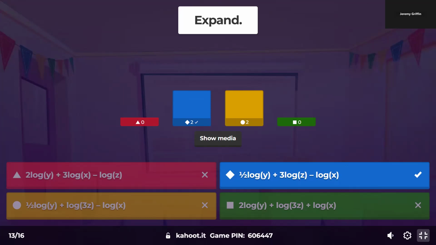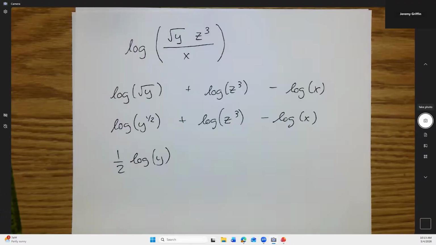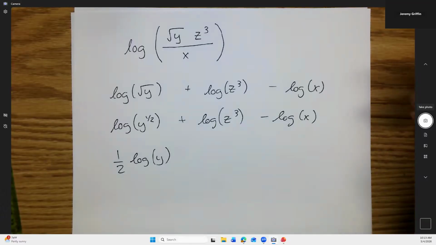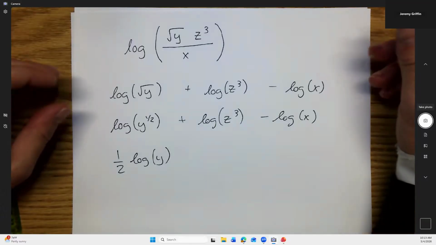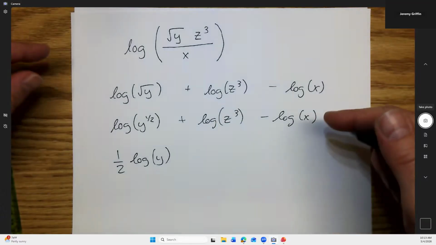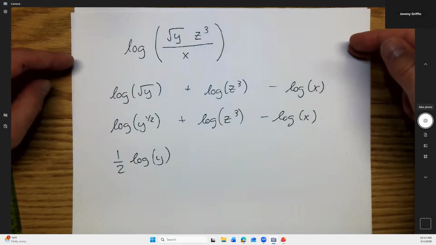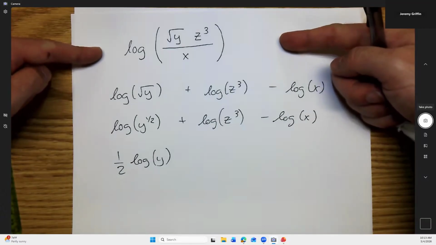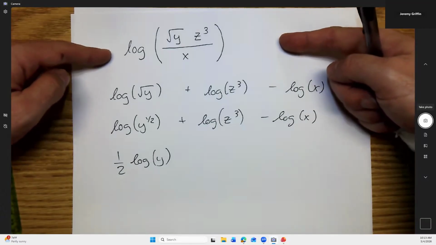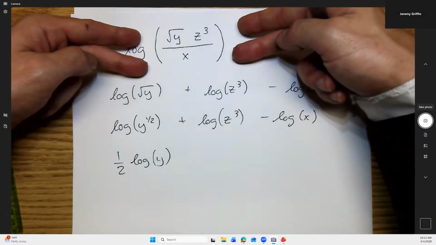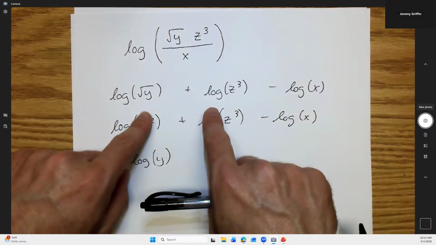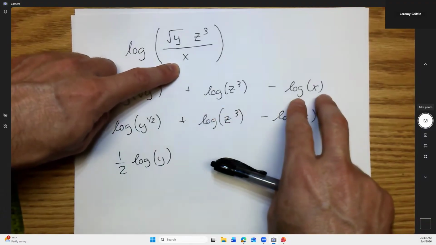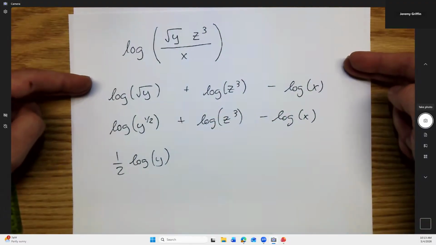All right, so check this out here. I posted a list of logarithm rules up there. I know it's really tiny font on the screen, but you'll have that list of rules in front of you on the final exam. You just have to know how to apply the rules. So this is logarithm expansion rules. If I have the logarithm of a giant fraction like this, anything multiplied together, I can add as separate logarithms. Anything in the denominator like this x, I can subtract off that logarithm. So this is equal to this.